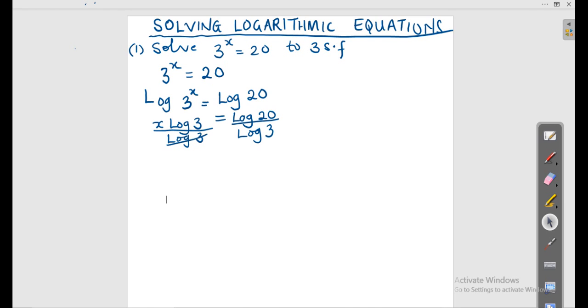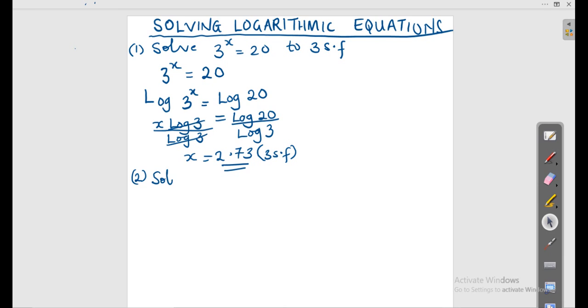So log 3 cancels out log 3, and x gives us, so we put our fraction key and we type in log 20 divided by log 3, and that gives us 2.73 to 3 significant figures. Okay, I hope this is very clear. Okay, let's look at another question.